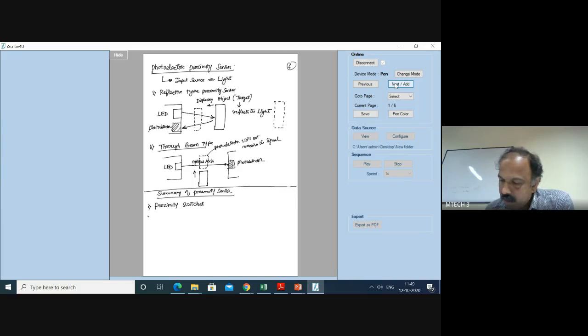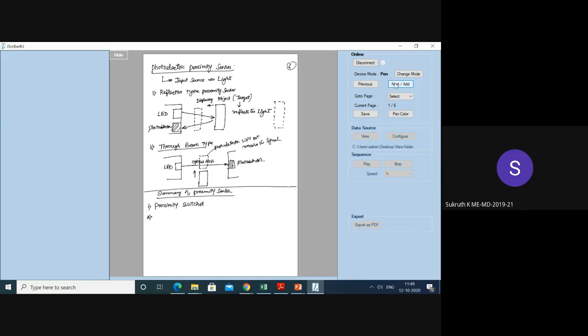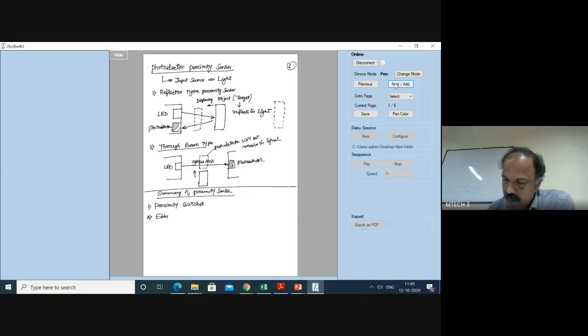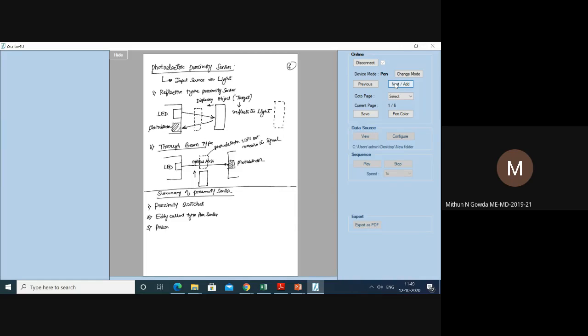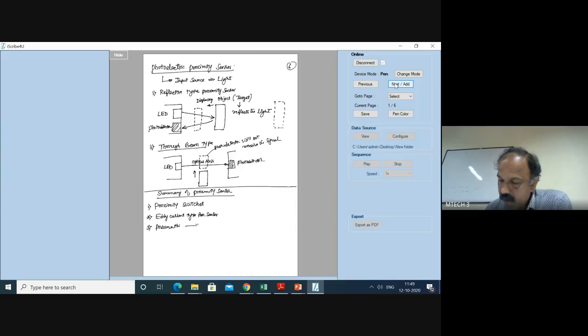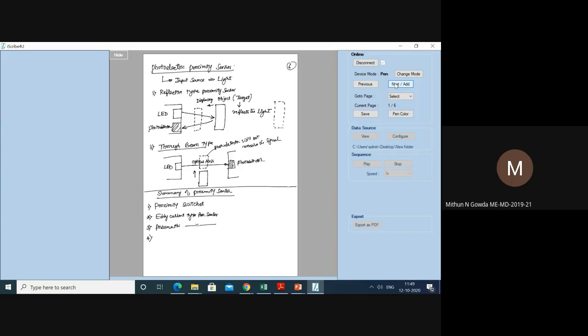Then the second one was what? Eddy current type proximity sensors. Third one, pneumatic type proximity sensor. Then the fourth one, capacitive type proximity sensors.